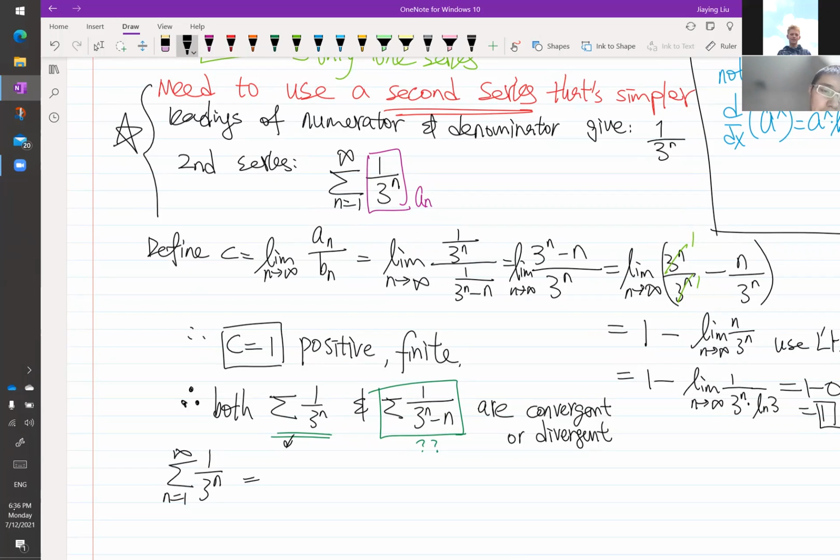We can use the integral test to find out. Consider the integral of 1 over 3 to the x dx. If we carry out this improper integral, I believe we'll end up with a finite value: the limit as t goes to infinity of the integral from 1 to t of 1 over 3 to the x dx.